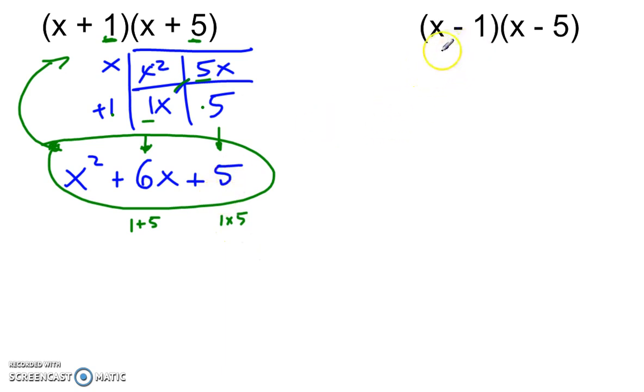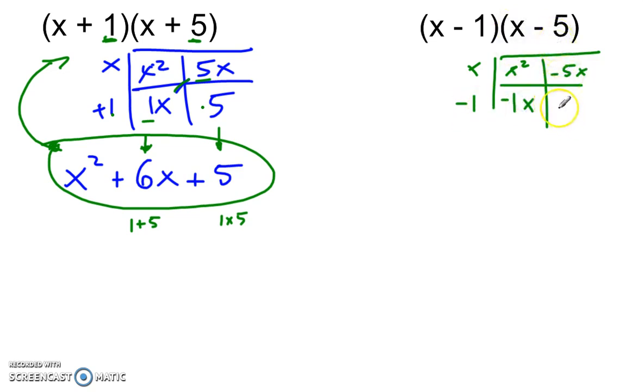Okay, let's have a look at this one. Investigate. x minus 1 times x minus 5. x times x is x squared. x times negative 5 is negative 5x. Negative 1 times x is negative 1x, and negative 1 times negative 5 is positive 5. So now we have x squared minus 6x plus 5.